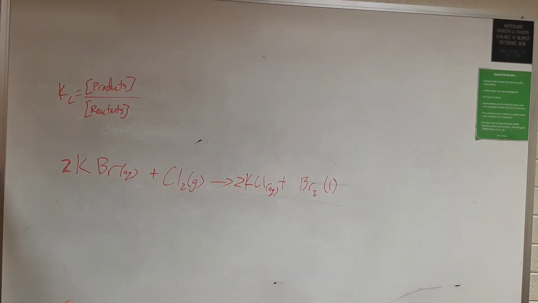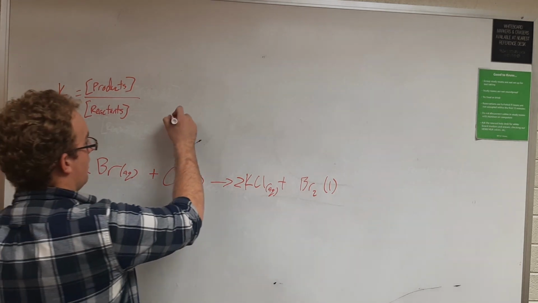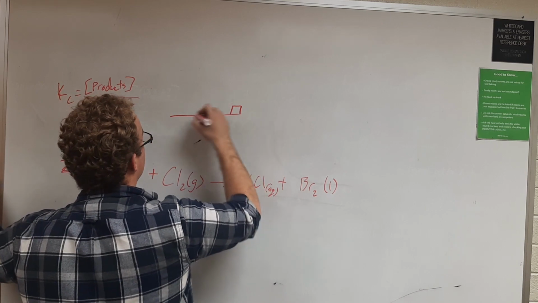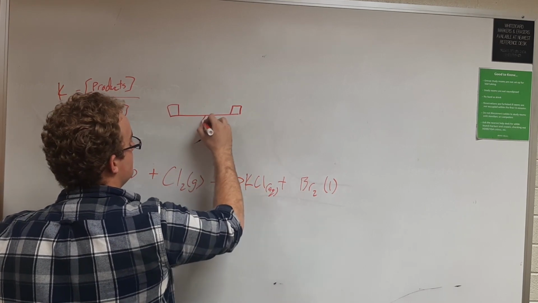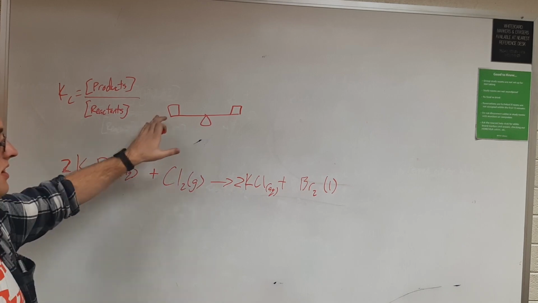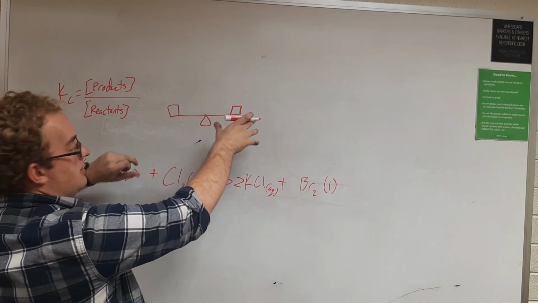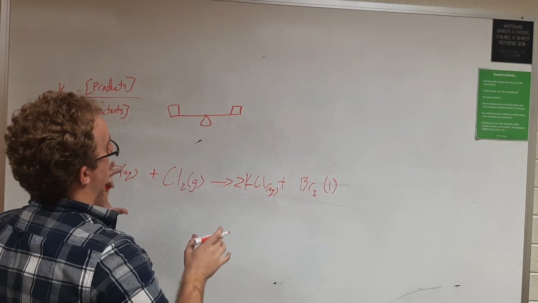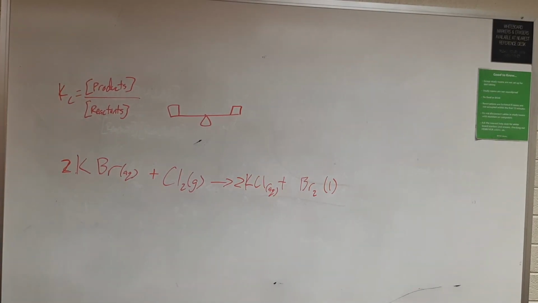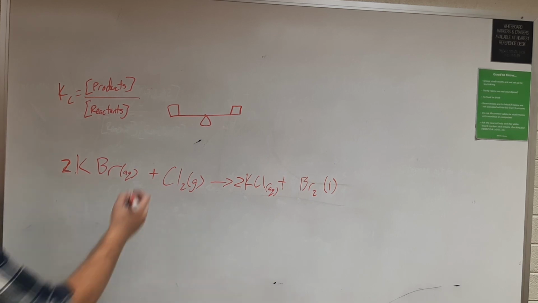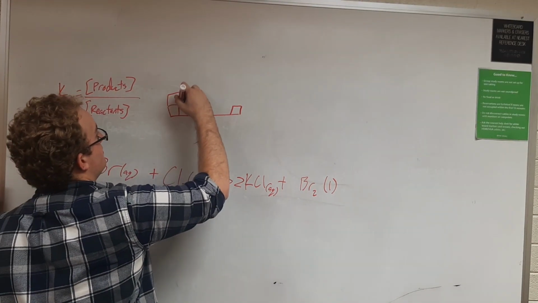So, I tend to like to look at equilibrium like it's a seesaw, right? I don't know how much is in each of these things. Like we've already figured out, maybe it's balanced when there's more of a box on this side than there is on this side, but we've achieved balance. So I like to look at it like that. Then we add potassium bromide, right? It's like we've just added more weight on this side of the seesaw.